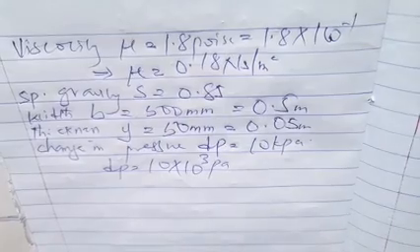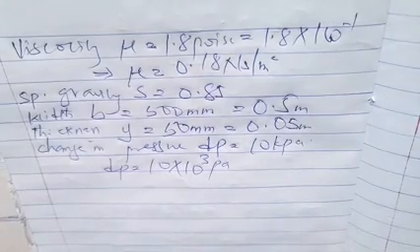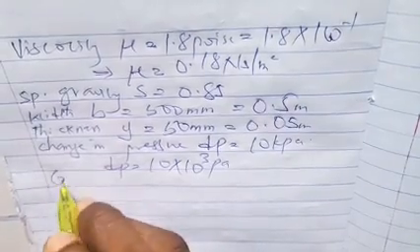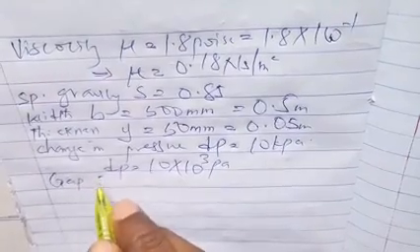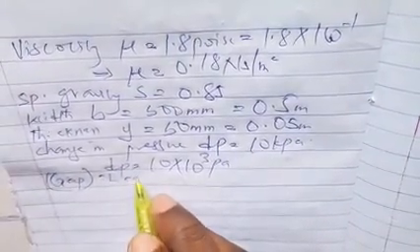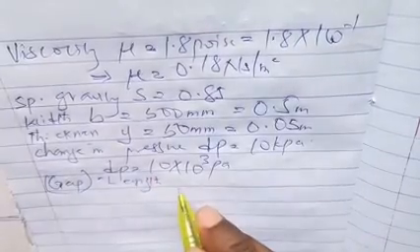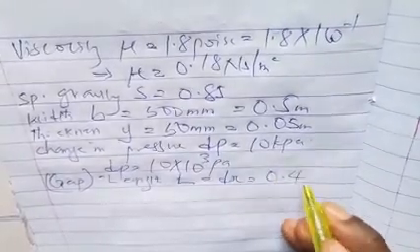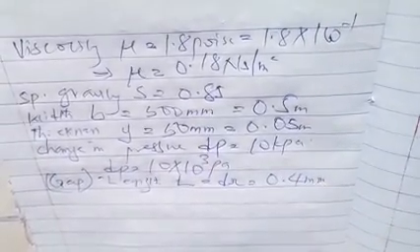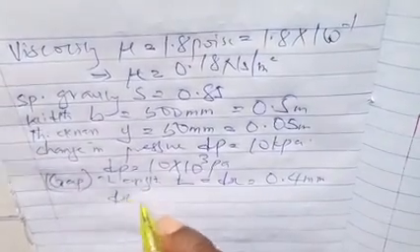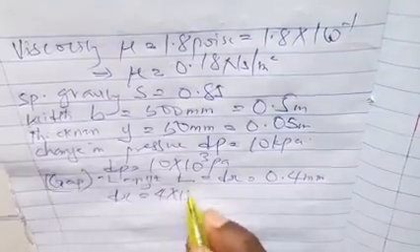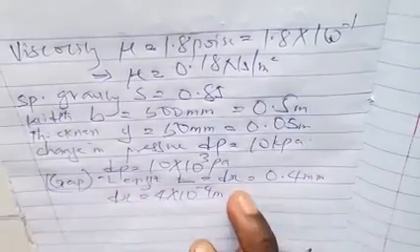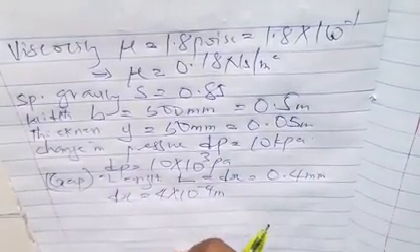And the crack forms a gap of 0.4 millimeter. So take note now, the crack forms a gap. This gap is actually what? The length. This gap is simply the length of the crack. So length L, or you can use x, is equal to 0.4 millimeter. So we convert this to meters. The x becomes 4 times 10 to the power of minus 4 in meters. If we divide 0.4 by 1000, it converts it to meters.